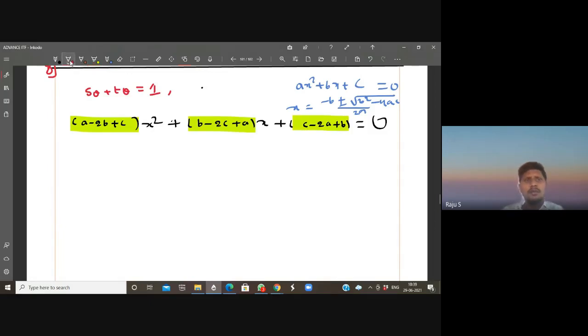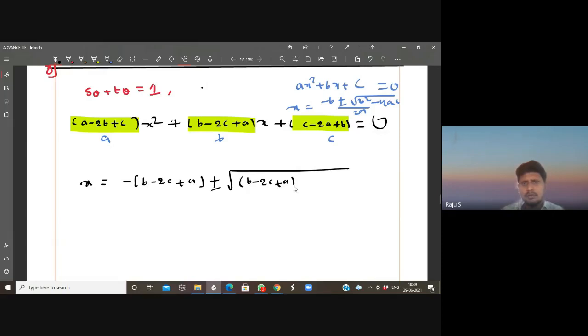We know the values of A, B, C. Apply the quadratic formula: x is equal to minus (b minus 2c plus a) plus or minus root over (b minus 2c plus a) the whole square minus 4 into (a minus 2b plus c) into (c minus 2a plus b), all divided by 2 times (a minus 2b plus c).